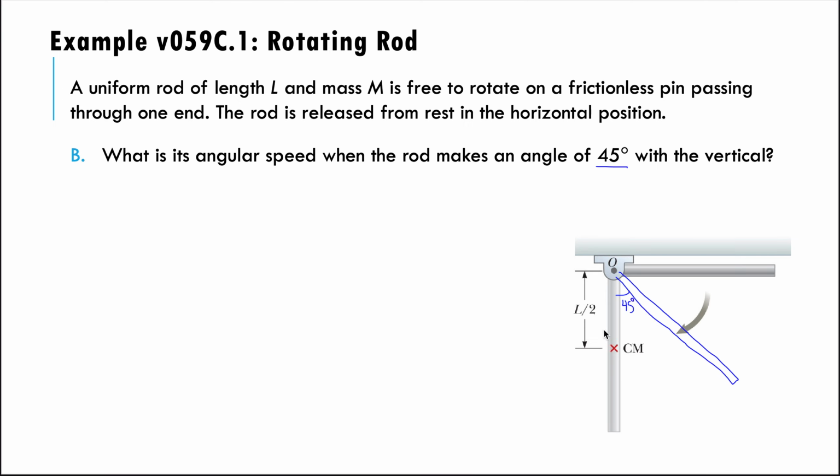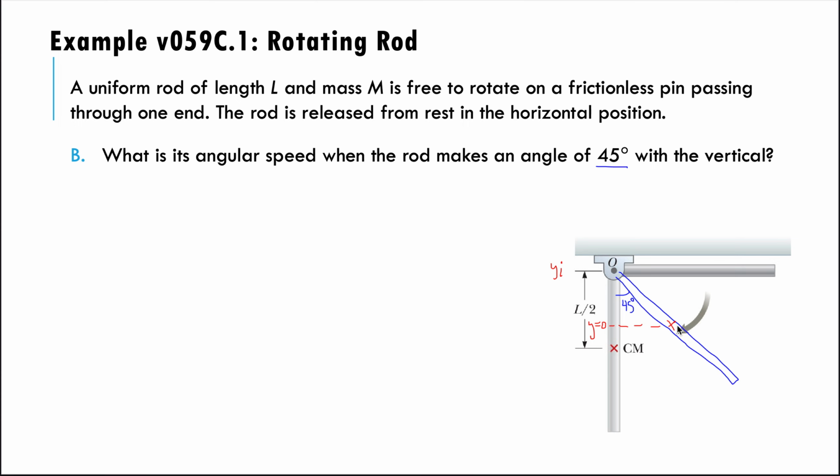We can set up conservation of energy again. We need to define the lowest position. We're going to define it relative to the center of mass of the rod, which is still at the center. So right here, if we draw a horizontal line, this is going to be the lowest position, the y equals 0 level. So we need to figure out what is the initial height. It's not going to be L over 2 relative to our 0 level anymore.